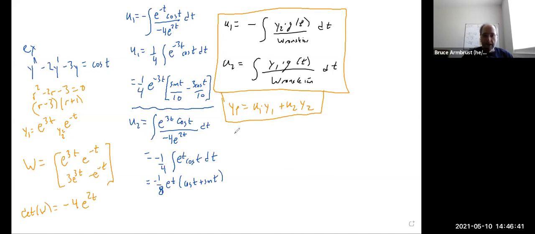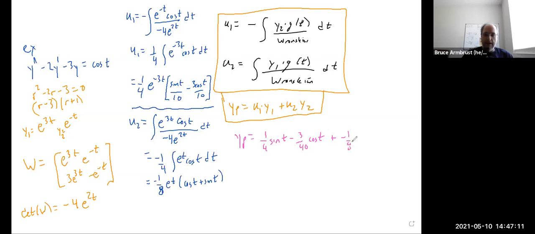All right, so our y particular then is going to equal this thing times y1. So the e to the 3t and e to the minus 3t cancel. So I'm left with 1/40 sine of t minus 3/40 cosine of t plus u2 times y2. Well, the e to the minus t cancels with that.